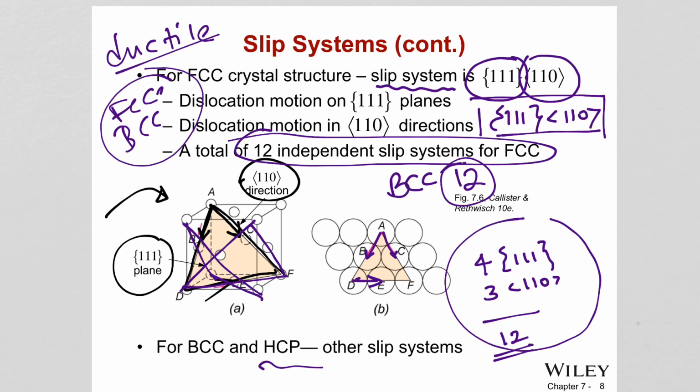Therefore, the number of slip systems directly affects the behavior, whether it is going to be ductile or brittle.